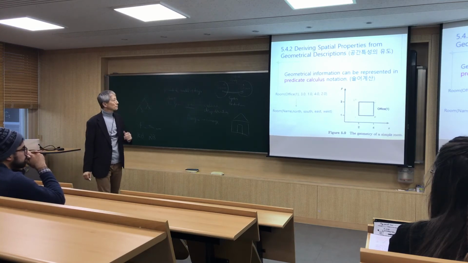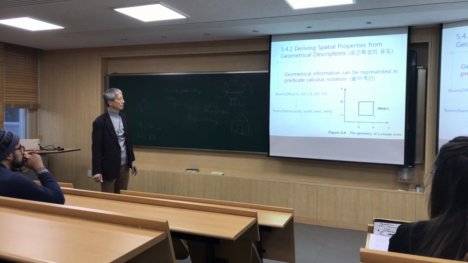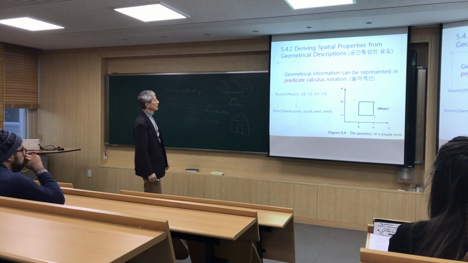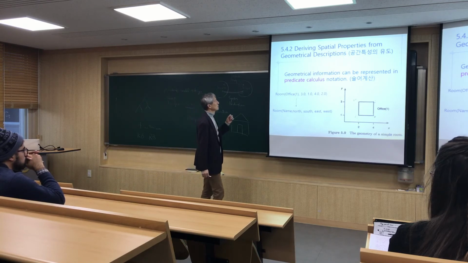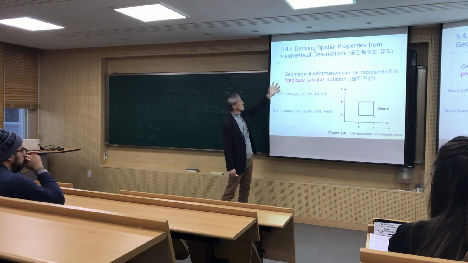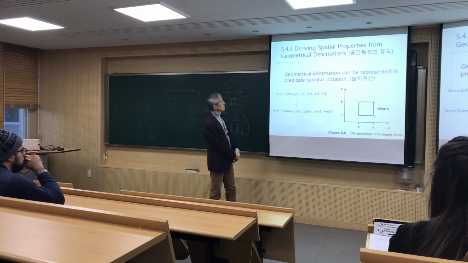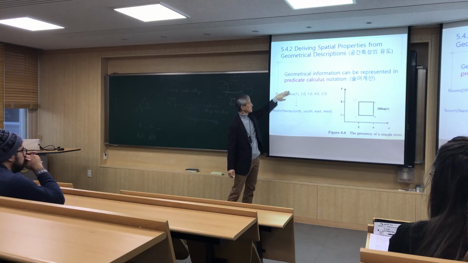And deriving spatial properties. The size, area, or inside, outside, containing, or that kind of properties can be geometrically defined. So geometrical information can be represented in predicate calculus notation.